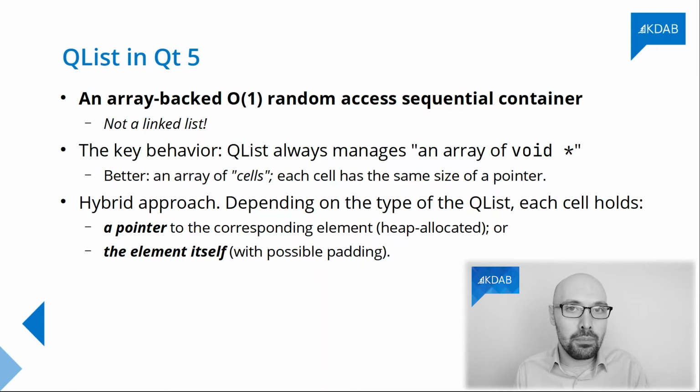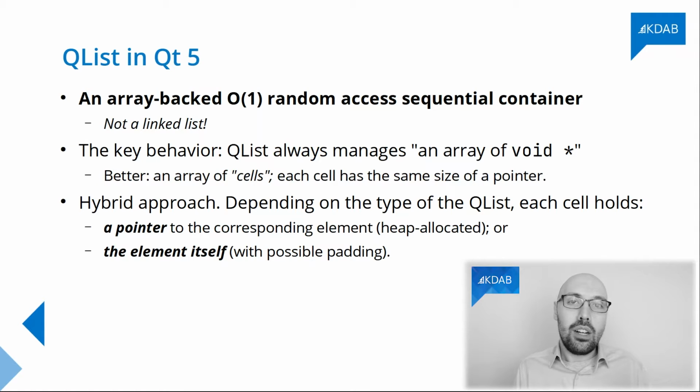In the second mode, those cells are going to hold the elements themselves. And since the cells have always the same size, always the size of a pointer, what happens if your elements are smaller than a pointer? Maybe they're char, and your pointer, void star, on a 64-bit platform is 64 bits. So those cells will have some extra padding because the cells themselves never change in size.